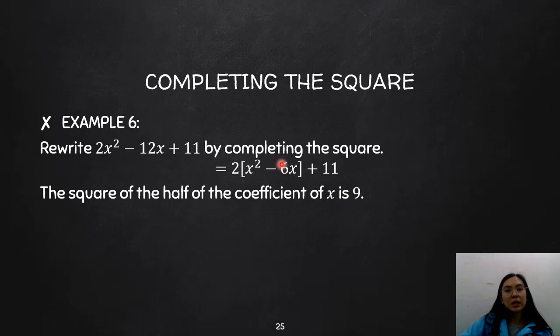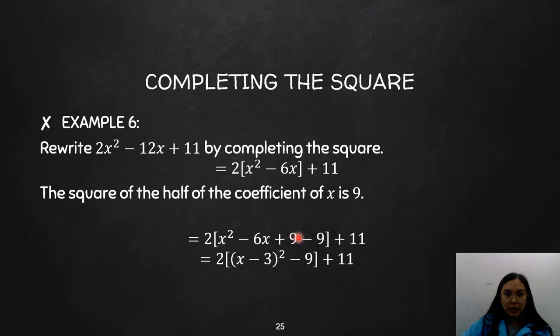So, di ba, ang coefficient ng x is negative 6. Half of 6 is 3. And then, if you square 3, the result is 9. So, magiging 2 multiplied by the quantity x squared minus 6x plus 9 minus 9, plus 11.